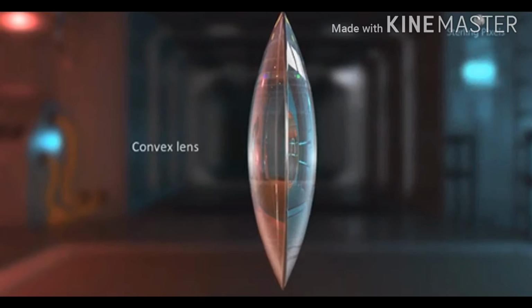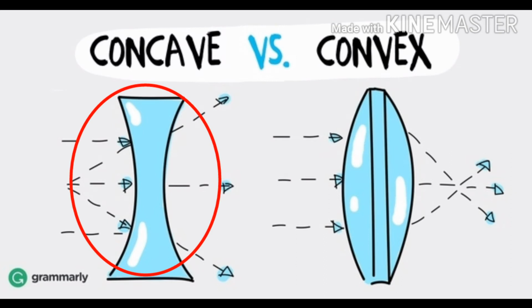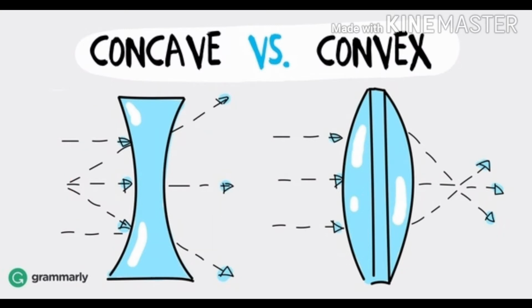The lens in which both the spherical surfaces are curved inward is called a concave or double concave lens. This lens is thinner at the center as compared to its edges. It means there are two types of lenses, convex lens and concave lens.